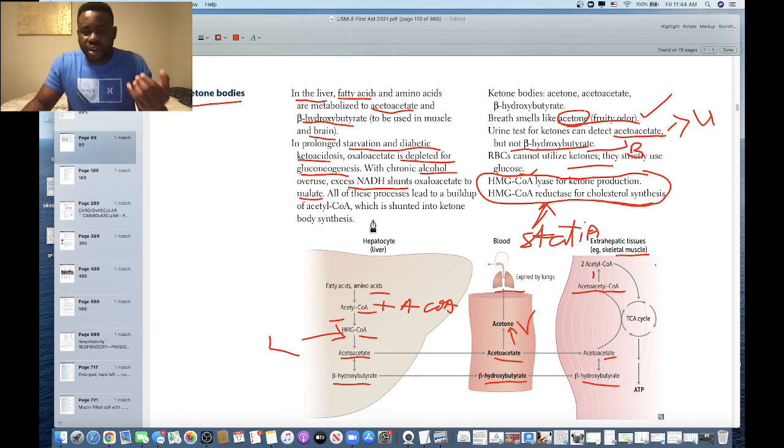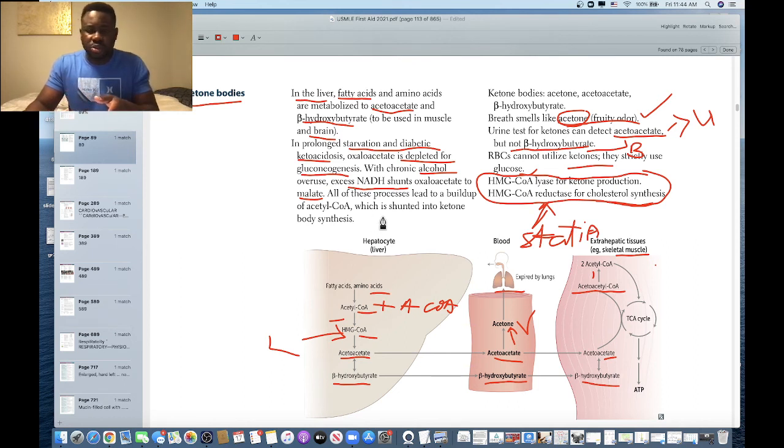But if you drink excess alcohol, then we have to break the excess alcohol down in the alcohol metabolism pathway, whereby we said that we'll use alcohol dehydrogenase to break the alcohol down into what?